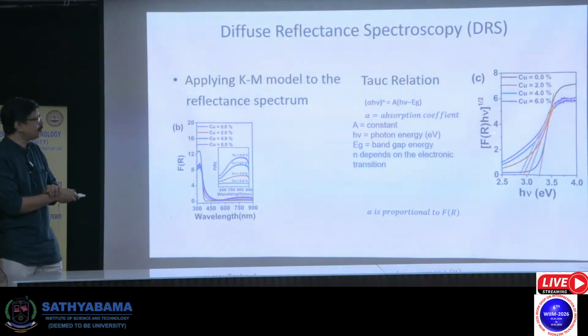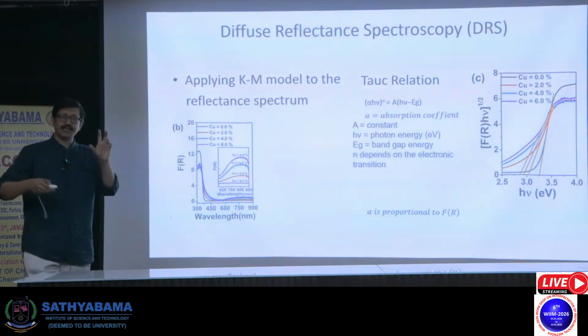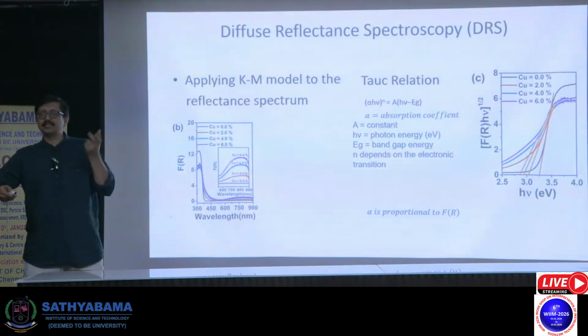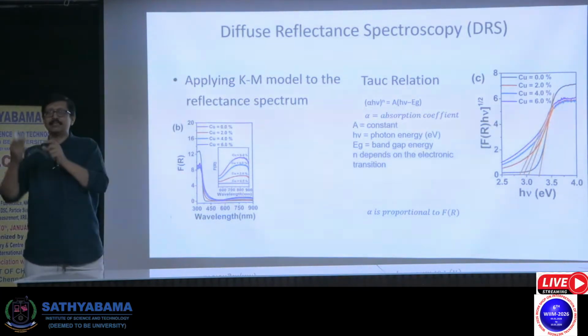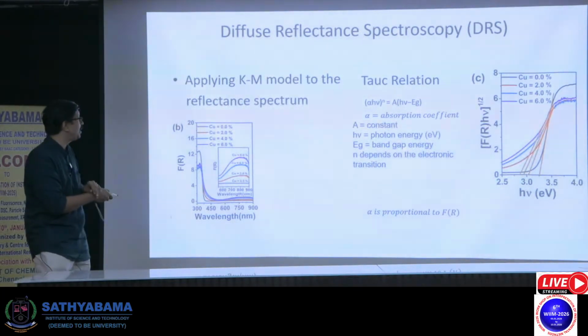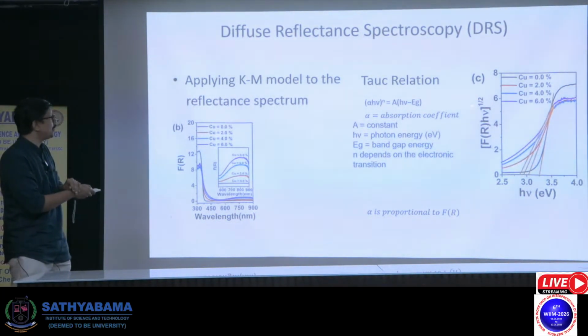So F(R) you can measure from reflectance spectra. h nu is what you know. n is a number which depends upon the kind of electronic transition. It's slightly complicated. It depends upon the lattice vibrations. It's called phonons, whether the electronic transition is connected or coupled with the phonon transition. It's a slightly complicated topic, but depending upon that you get a number here.